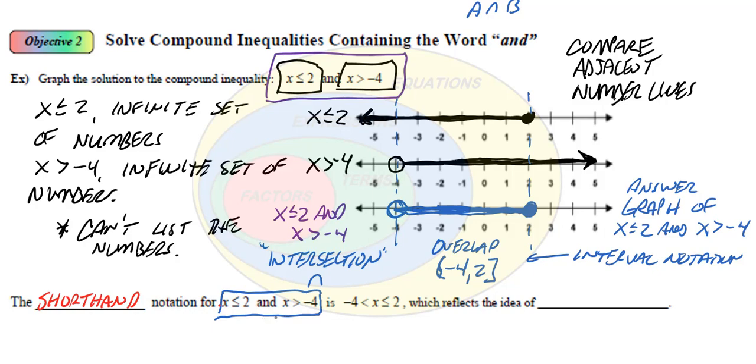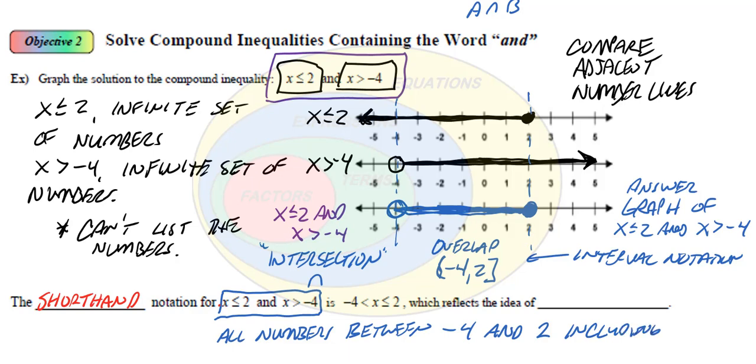The answer to this intersection is all the numbers, if you think about it, between, the word between, -4 and 2, including 2. So we want to use that word between.